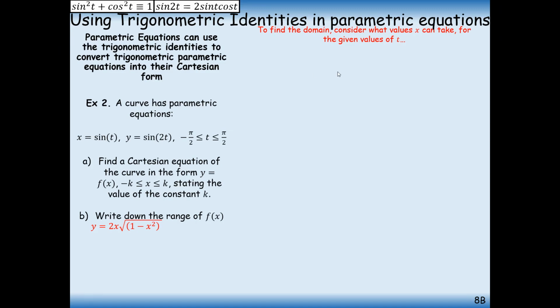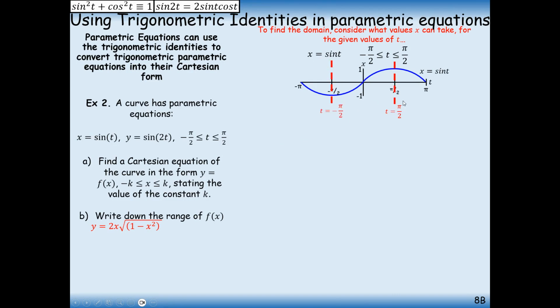Okay, here's another reason why x has to be bounded between -1 and +1. If we consider the values of t that we were given in our function at the beginning, x is sine of t, and the sine curve between 90 degrees and minus 90 degrees will have reached its maximum and minimum, which is -1 and +1.